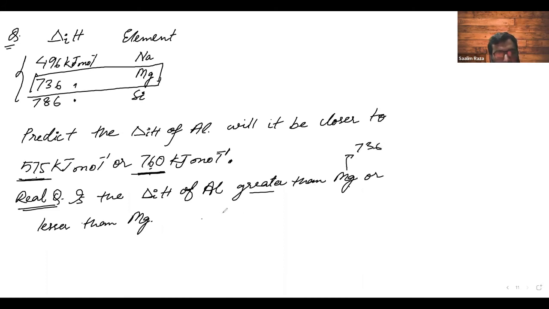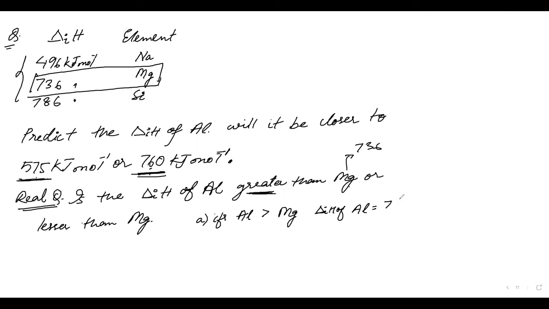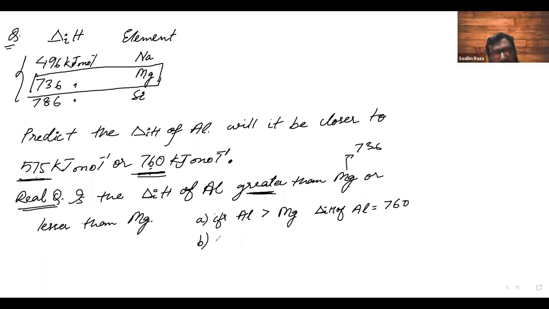Now, case A: if Al is greater than Mg, then delta IH of Al is equal to how much? Mariam, you will tell me. Oh, okay, then 760. Easy. Now, the second case would be if the delta IH of Al is less than the delta IH of Mg, then delta IH of Al will be equal to what? 575. Correct? According to the question.